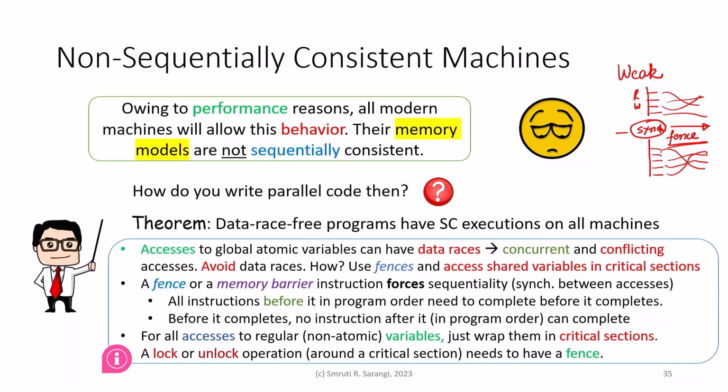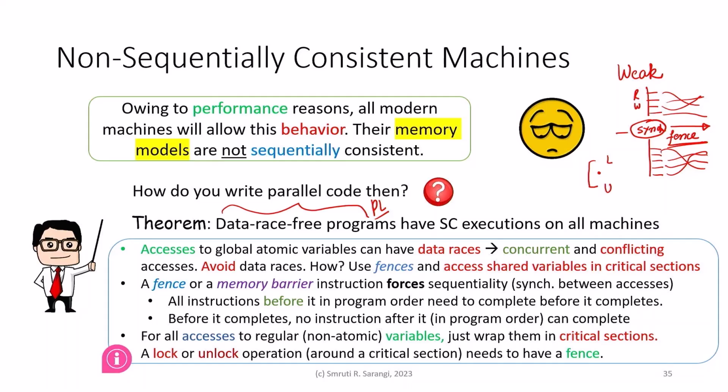This theorem, which is one of the most important theorems in computer architecture and OS also, says a very simple thing. If you would recall, we had discussed a data race free program or a properly labeled program. What this said is that any access to a shared variable has to be wrapped in a critical section. A critical section has a lock and an unlock.